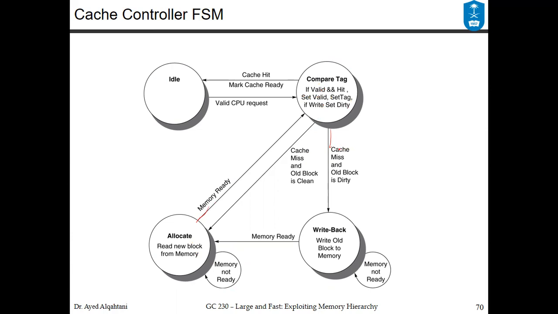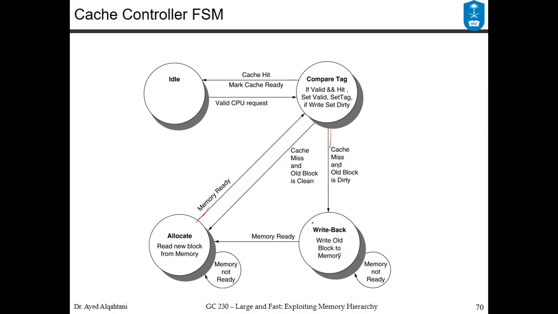Now, if you have a cache miss and the old block is dirty, this means that first you need to do a write back. And once you're done with the write back, you go and allocate, which means that you fetch the block back to the cache.